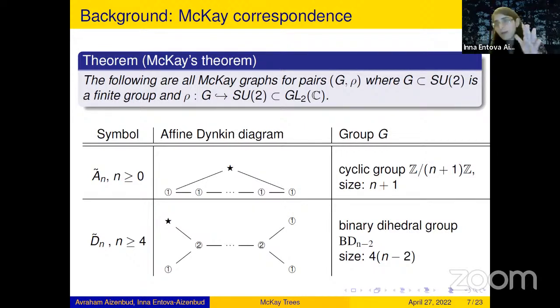I mean a central extension of the usual dihedral group by a center of order 2. So where does this central extension come from? Well, we have, of course, our covering morphism from SU2 to SO3. And so the dihedral group can be seen as a subgroup of SO3. When you pull it back to a subgroup of SU2, you get precisely the binary dihedral group.